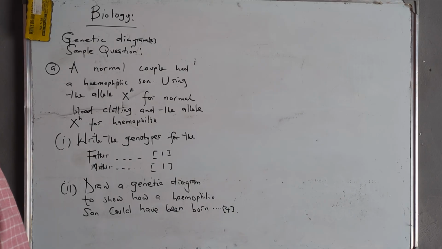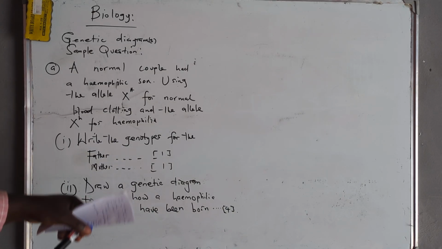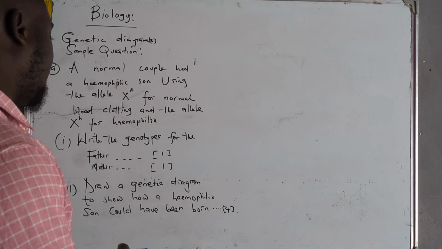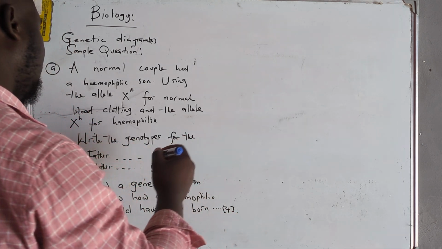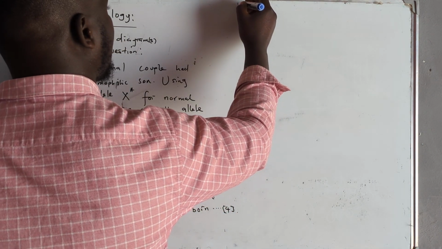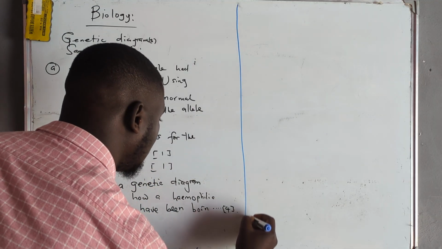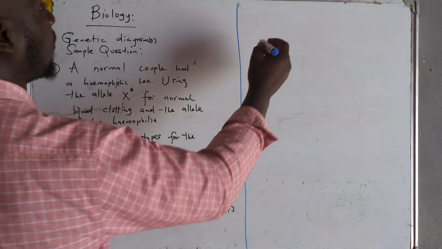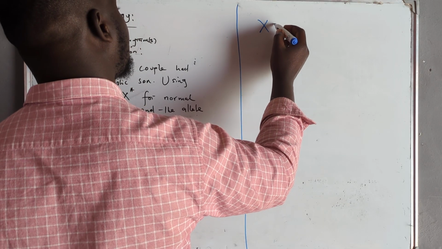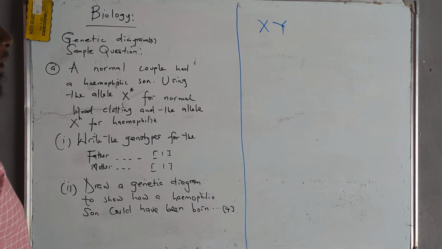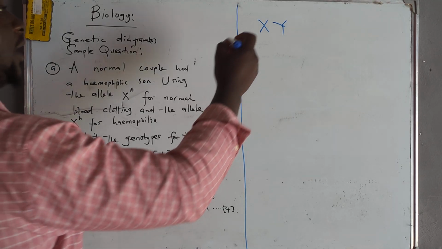Alright, so let me just break this down for everyone to be able to understand. The question says write the genotypes of the father. So you know the genotype is the genetic makeup. Males have this kind of setup.